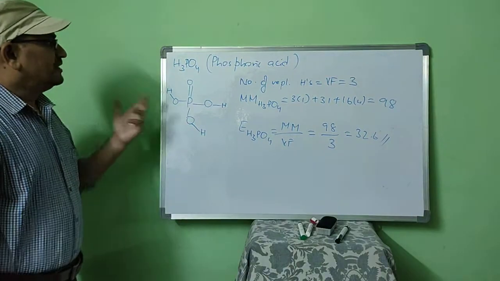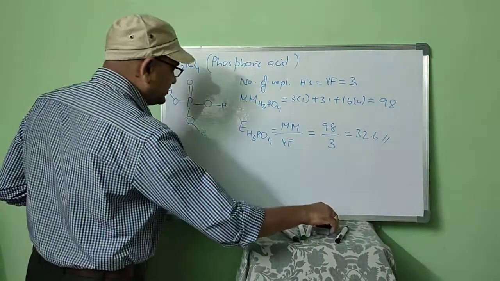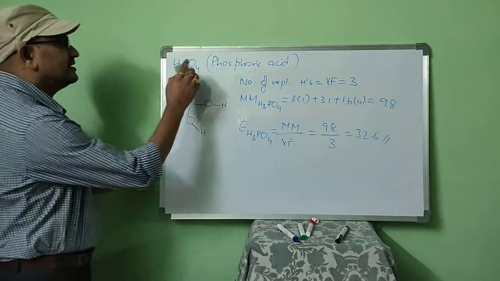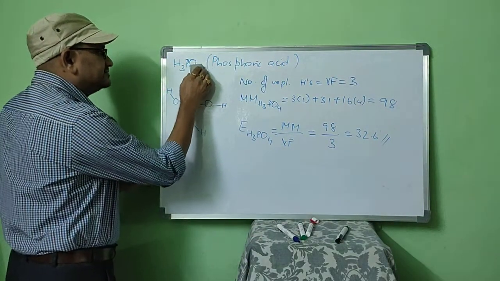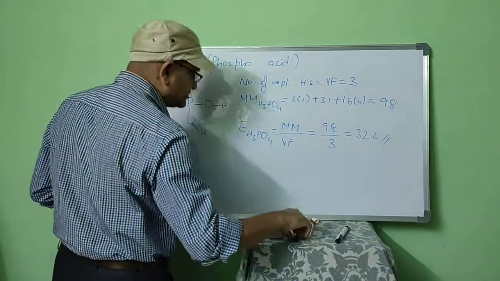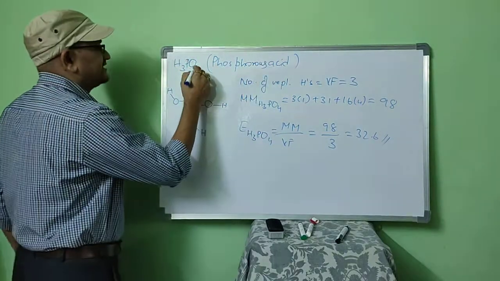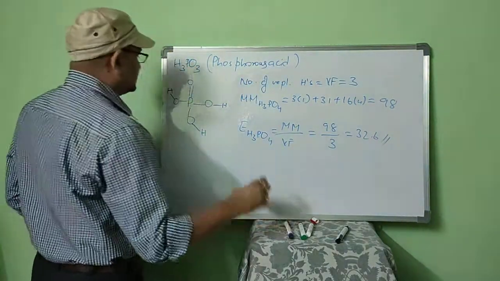The same way we can see the other acids of phosphorus. For example, if you take H3PO3, phosphorus acid, H3PO3. So what's the structure?